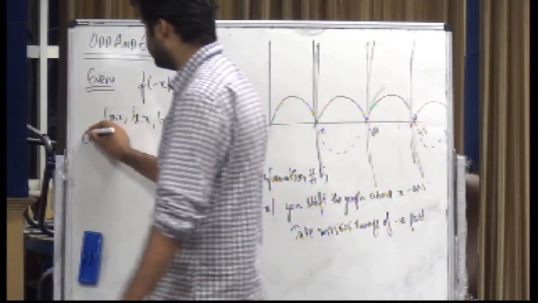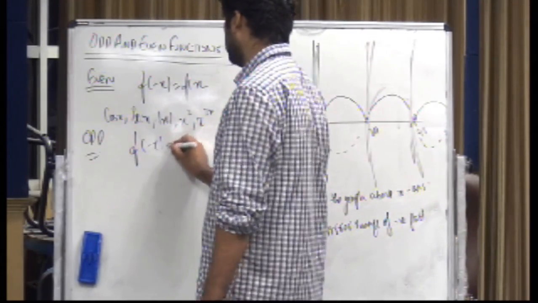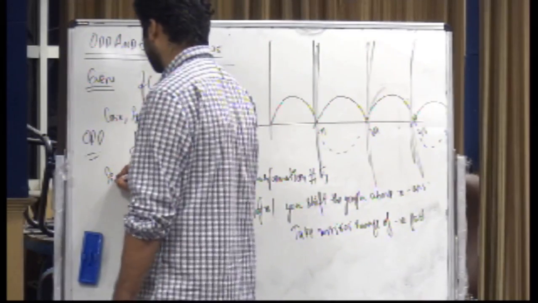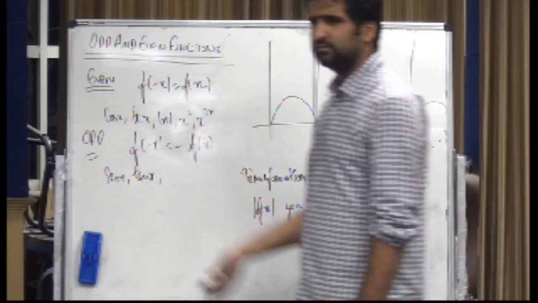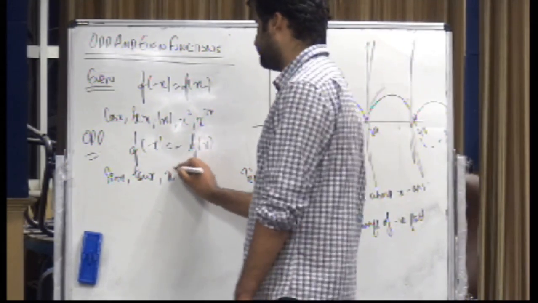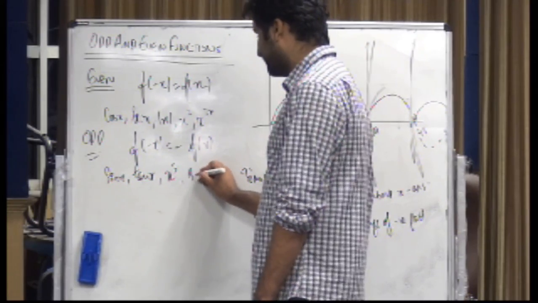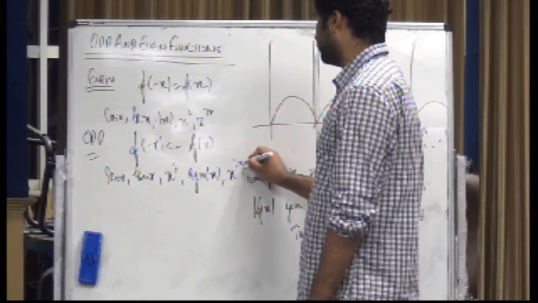And in the case of odd functions, f of minus x is equal to minus of f(x). Like if you have sin x, tan x, cosecant x, or x cube, or the signum function of x, or x to the power 2n plus 1.